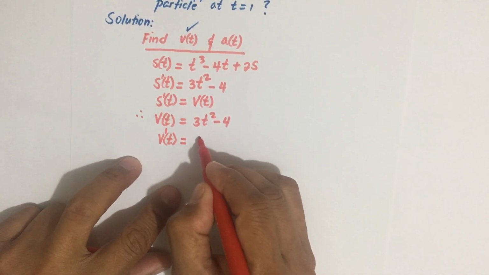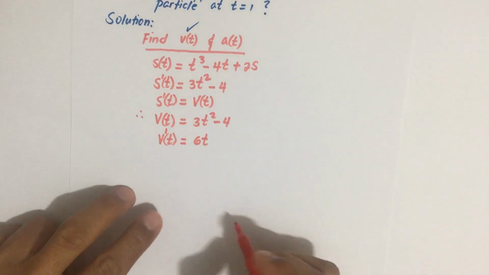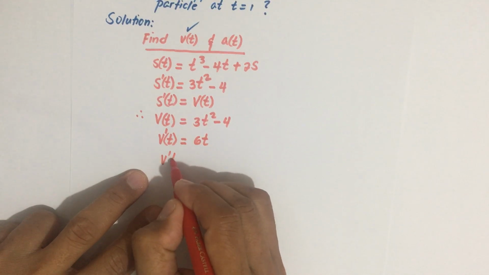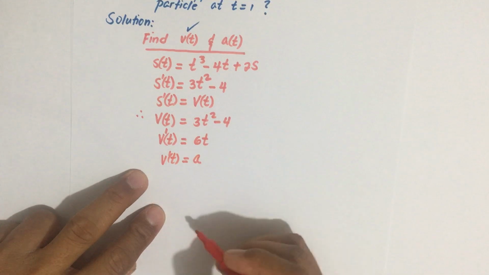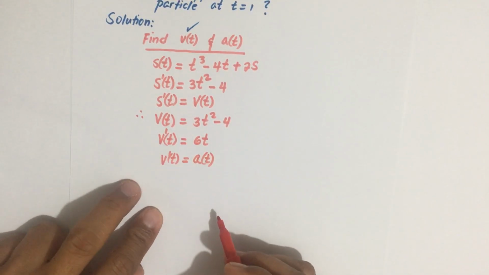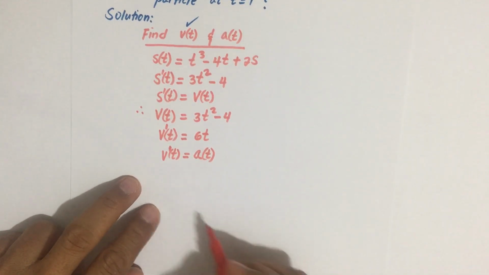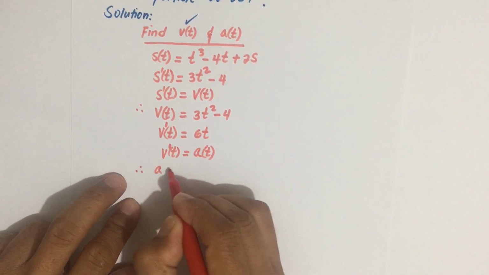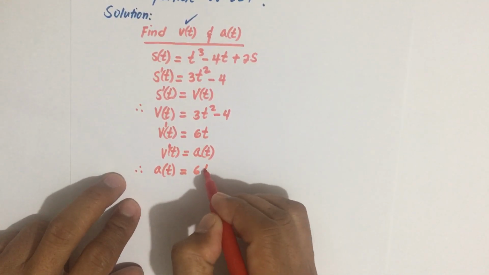That is 6t, right? And we know that v prime of t is equivalent to a of t, meaning the derivative of the velocity is the acceleration. So therefore we have a of t is equal to 6t.